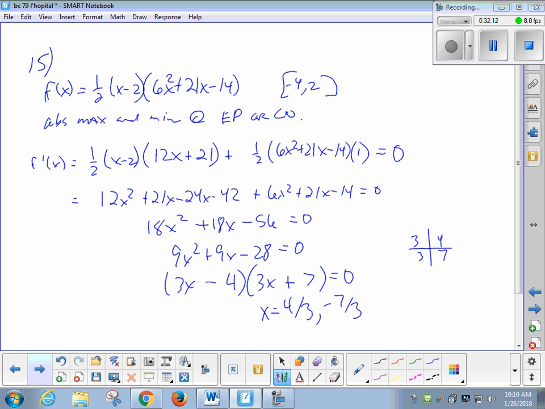Then, okay, at this point, let's not waste our time. It says with calculus evaluate, but I am okay if you use your calculator to evaluate these at the critical numbers. I didn't want you to use your calculator to just graph and find the max and mins, but I am okay if you evaluate the function with your calculator.